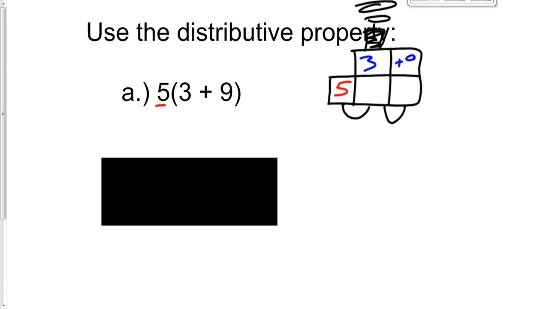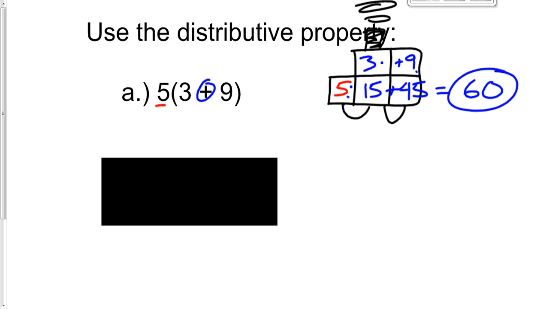You do want to include this positive with it, so that you know that that's positive. But anyway, you're going to take 5 times 3, and you'll get 15. And then 5 times 9, you get 45. And what you have here is 15 plus 45, which equals 60.